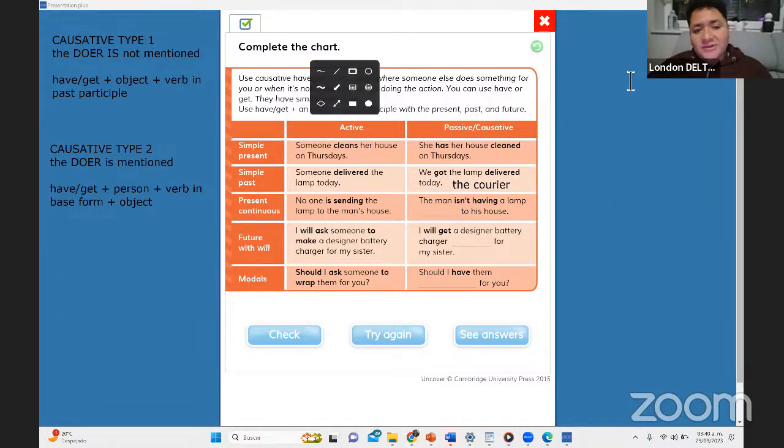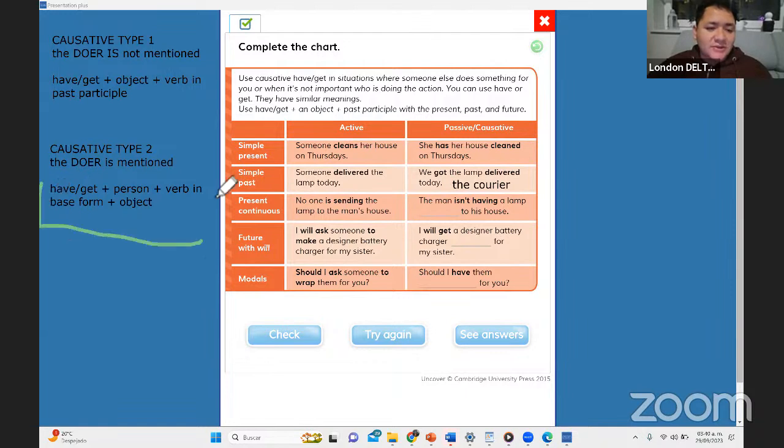Okay, now let's make the sentence using this structure. Please make the sentence with the causative. Vamos a seguir esta estructura y ahora vamos a escribir esta oración, pero con la segunda forma. Okay, so let's just follow the structure. How do you think it would be?